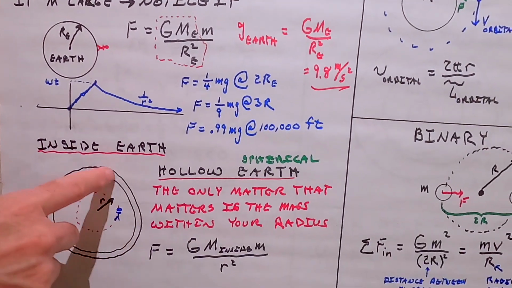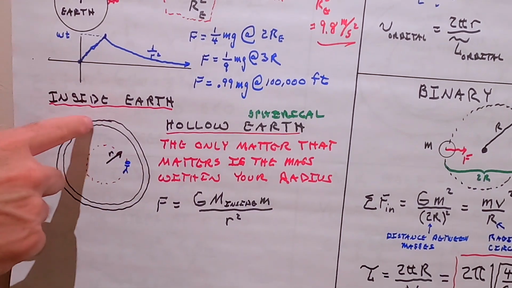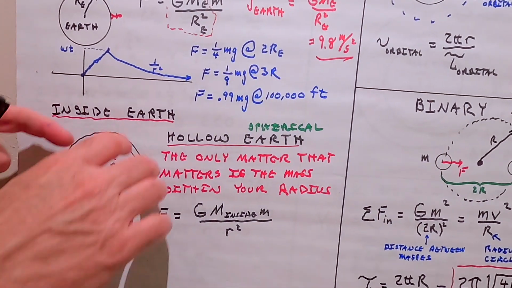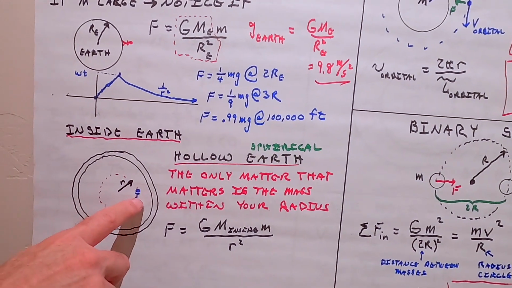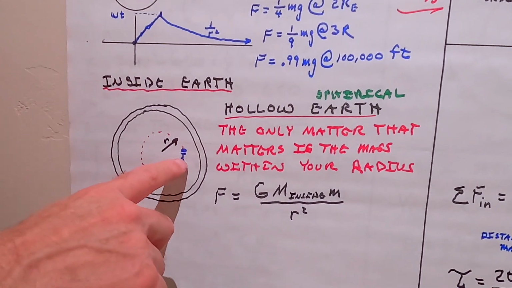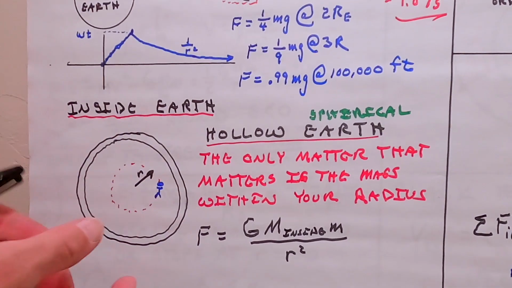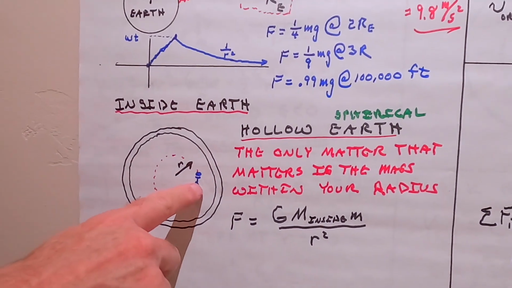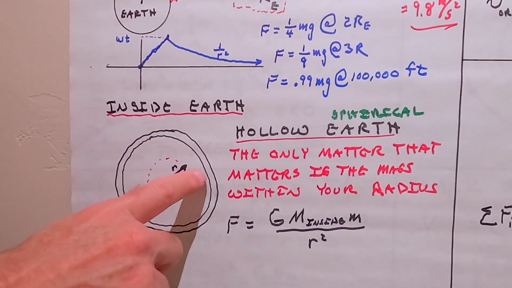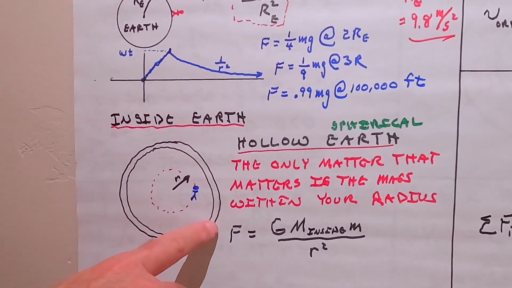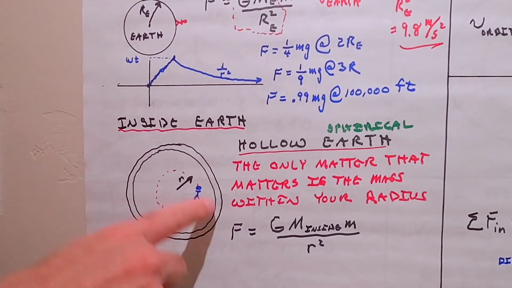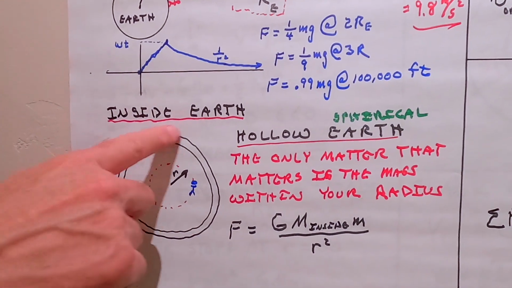Well, let me just assume we have a hollow Earth right here. Suppose there's a hollow spherical shell, and someone places you at some location inside, not at the center, just off some spot right there. And you calculate which way you're pushed. Well, you'd think you'd be pulled over to this side because you're a lot closer, but there's a lot more mass on this side.